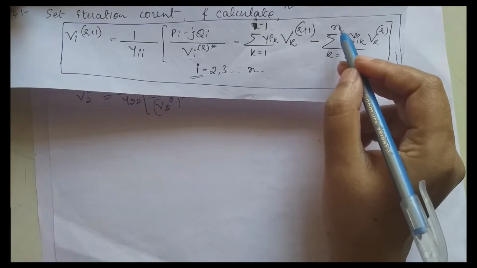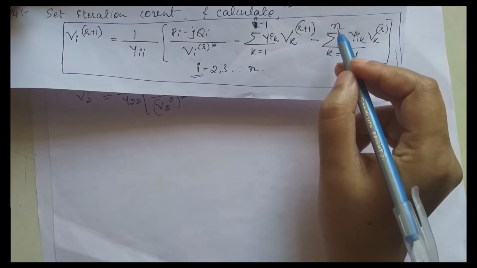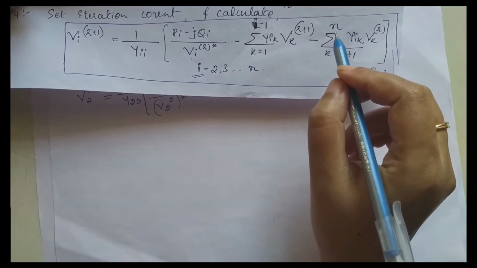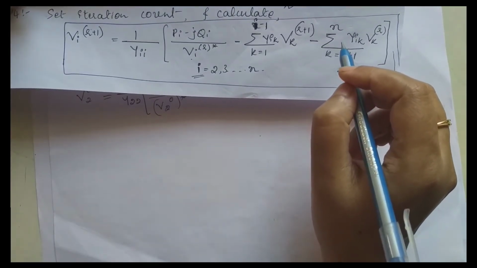So total number of buses here, looking at the matrix, we have 3 buses, because the last element of the admittance matrix is Y33.